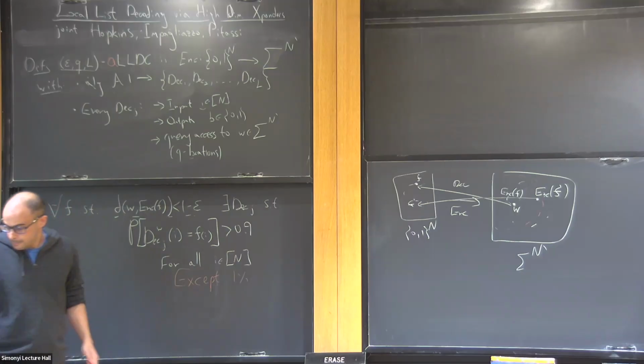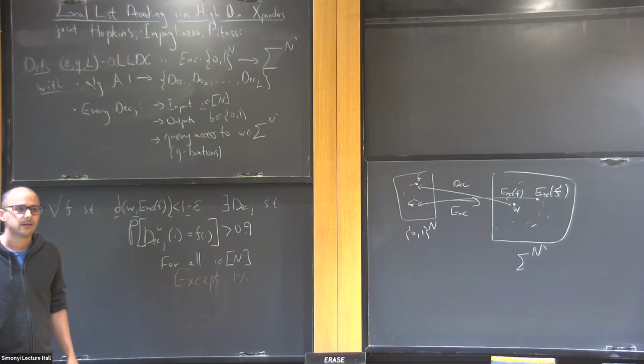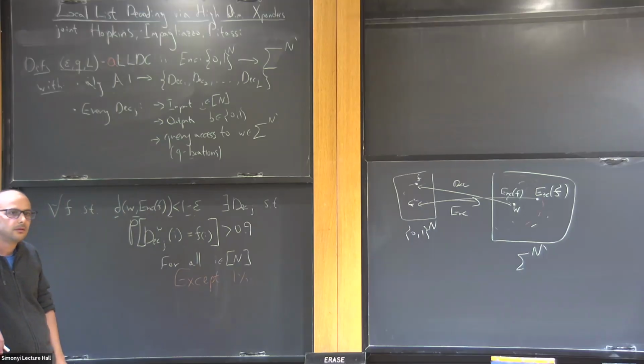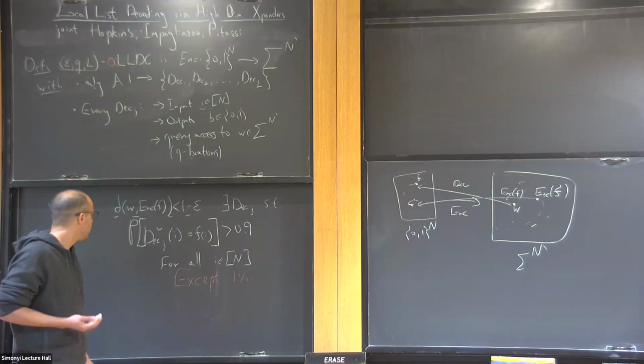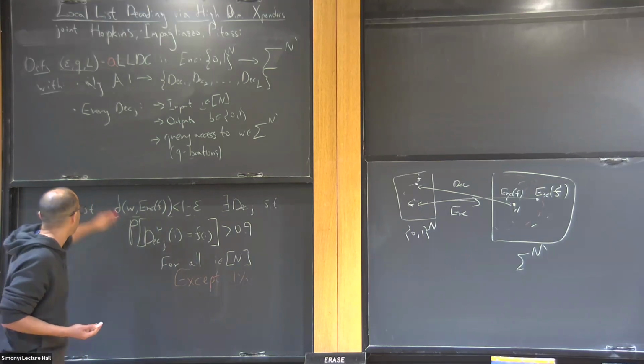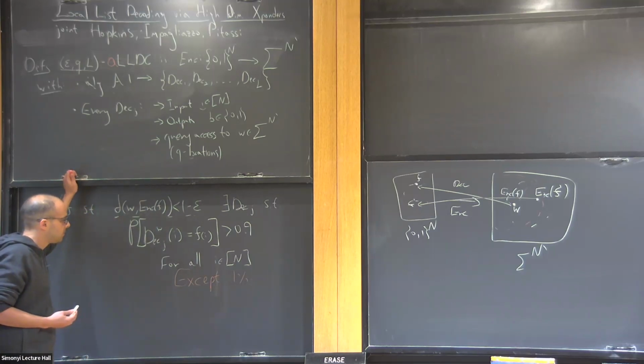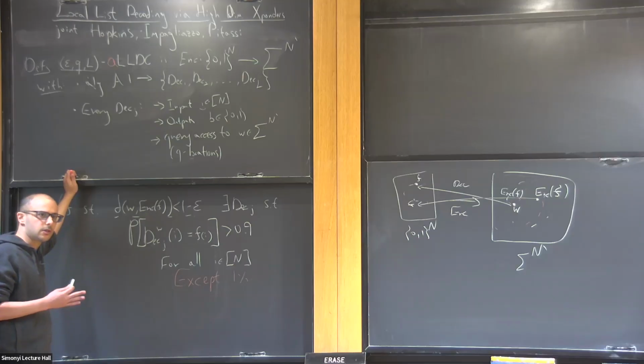You get the same definition if, instead of 1% of I, you said at most 1% of W or at most 1% of F. To me, it seems somewhat arbitrary that you said for most I instead of for most W, for all I. I understand the order of quantifiers, but it seems like you chose that somewhat arbitrarily. Oh, so this is not chosen arbitrarily.